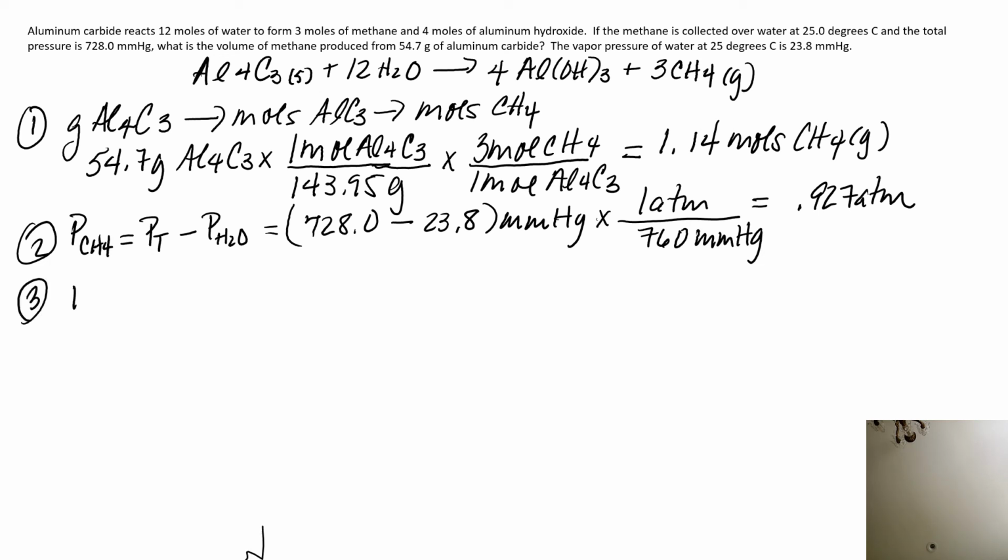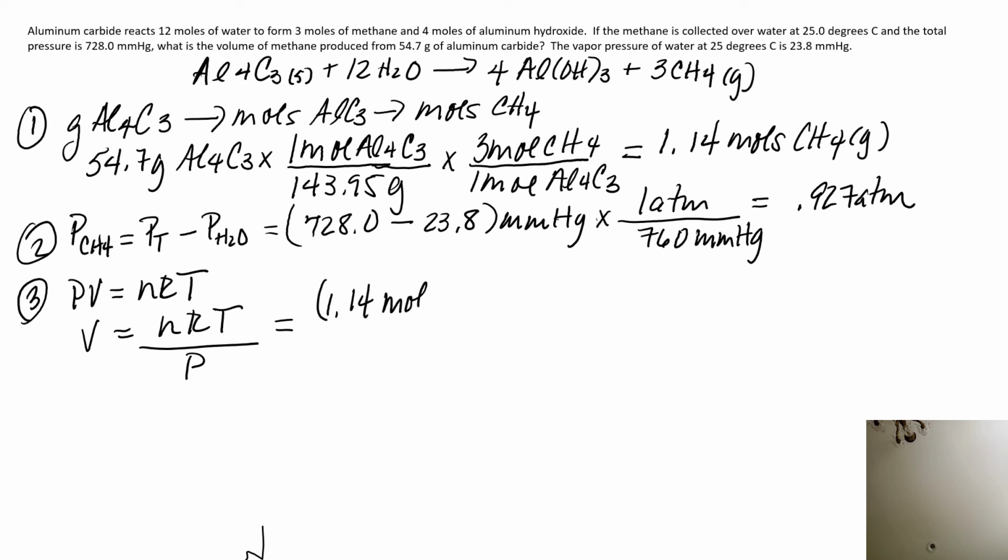Third step, PV equals nRT, where we're solving for V. We calculated our number of moles in the first step. We have our constant. And we need our temperature in Kelvin.